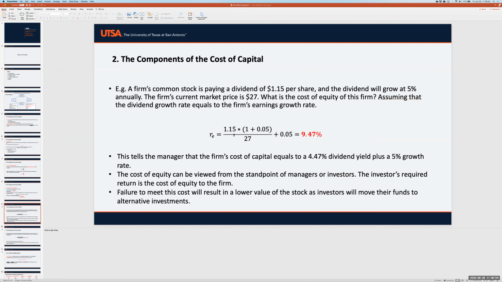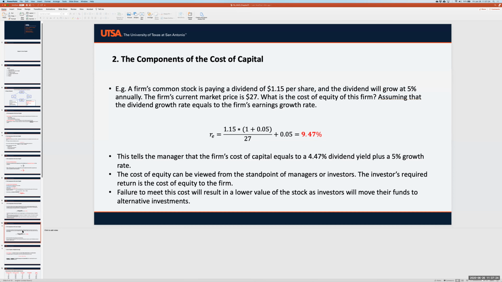We have the dividend multiplied by 1 plus growth rate over the price of the common stock plus the growth rate, which gives us 9.47% for the cost of common equity, right? And this tells managers that the firm's cost of capital equals 4.47% dividend yield plus 5% growth rate. So the cost of common stock is 9.47%.